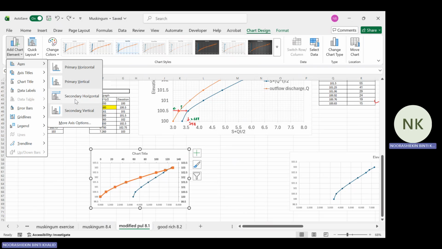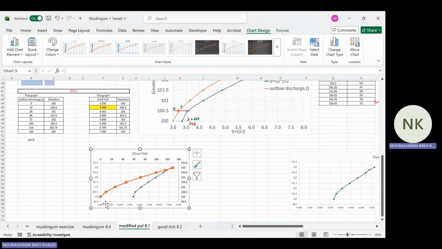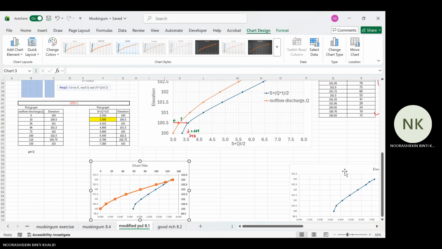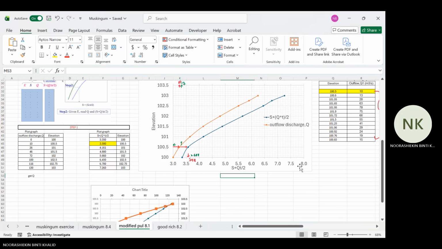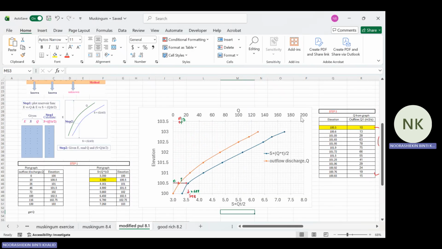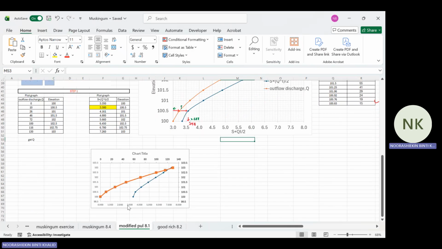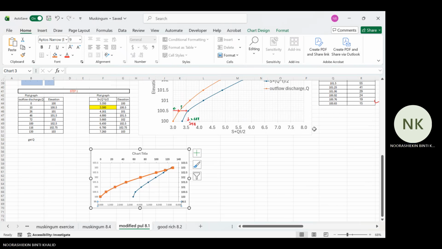Okay, you got this one, secondary horizontal. So you get both graphs. And then you change this one, 0 to 200, and then the bottom axis 3 to 8. So changes here.